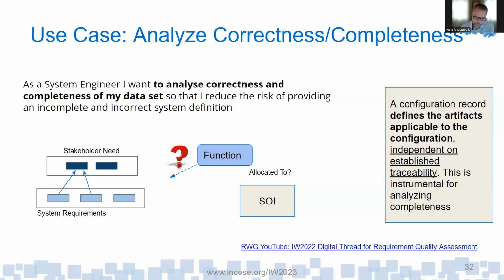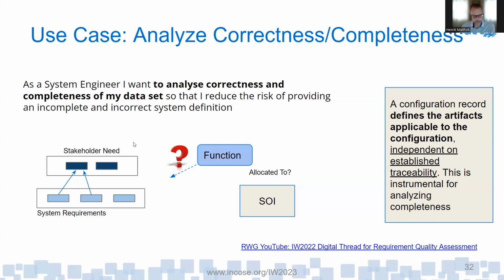And also, if you'd like to automate this analysis and run through all the artifacts, show me all the stakeholder needs, are they properly linked? Maybe I'm looking to confirm completeness.